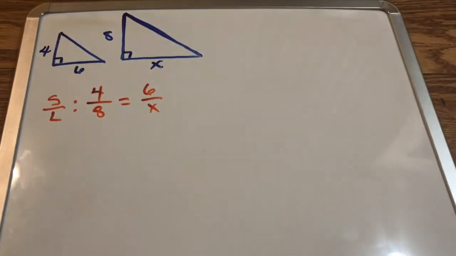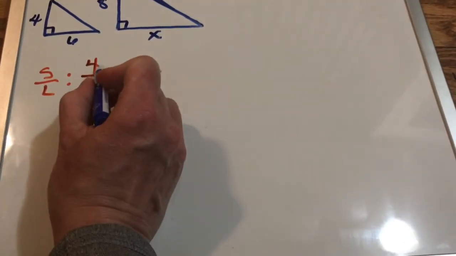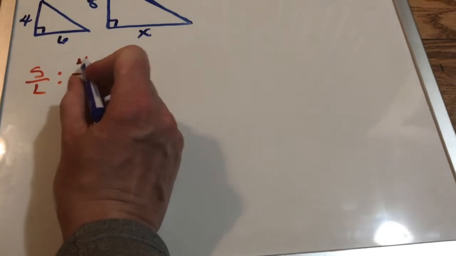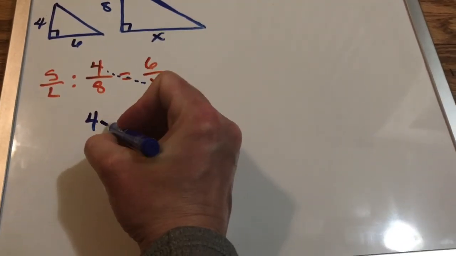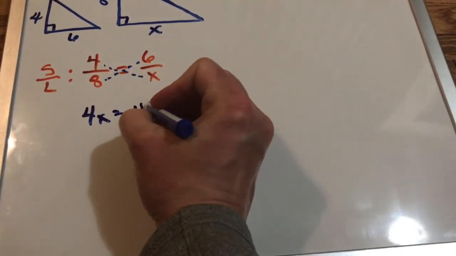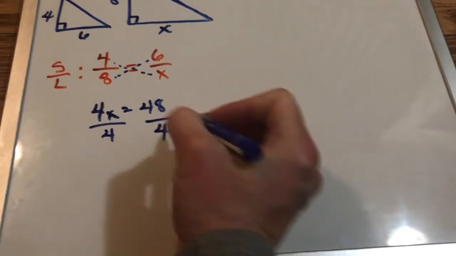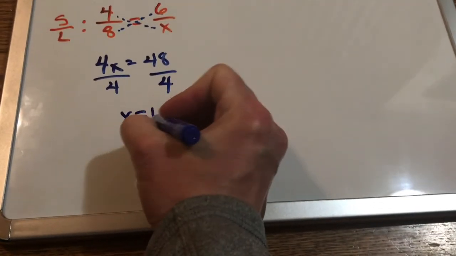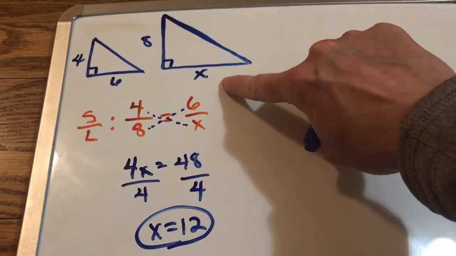You've done this in Algebra 1, but now we are going to cross multiply. So I'm going to take 4 times x, 4x, and set that equal to 8 times 6, which is 48. Then I divide by 4, and I get x equals 12. So this piece right here is 12.